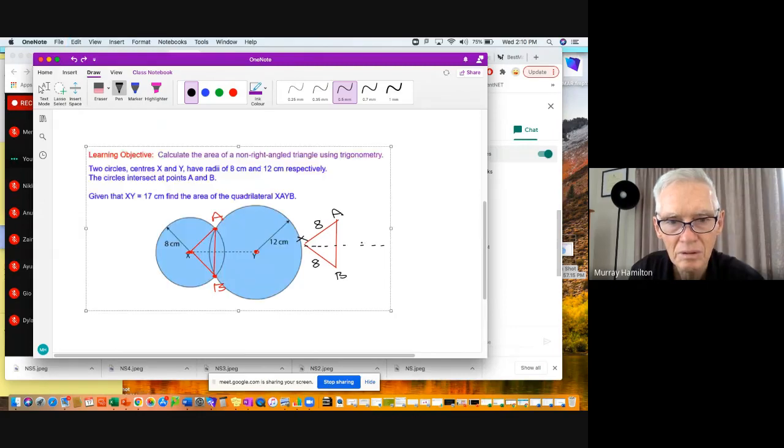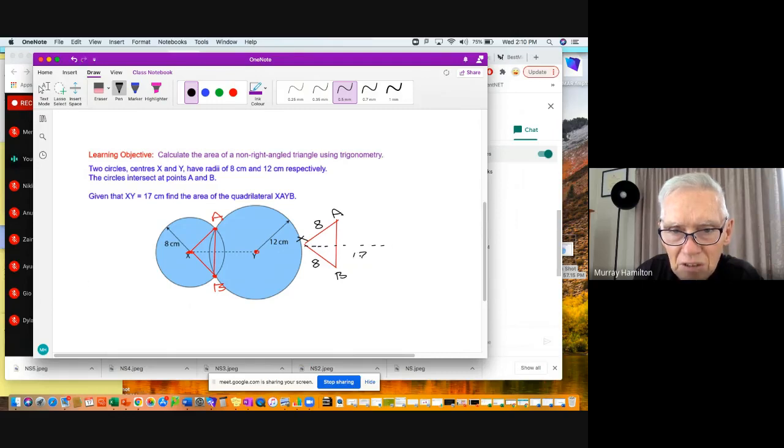Oh, it disappeared. So we know that from this point here, the whole distance is 17. And so if I call this distance D, I know that the height of the triangle, or this distance, which I will call E, so we got E plus D equals 17.